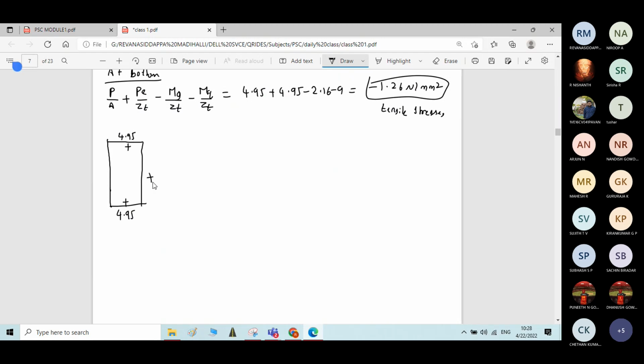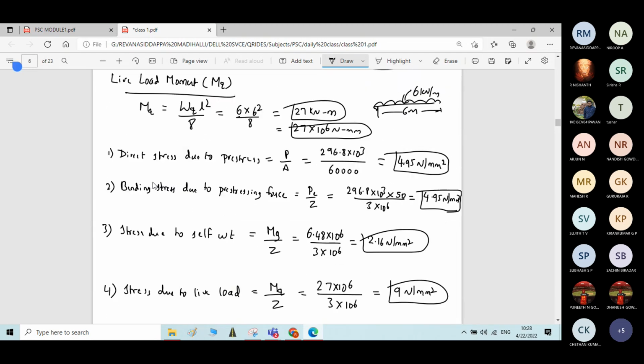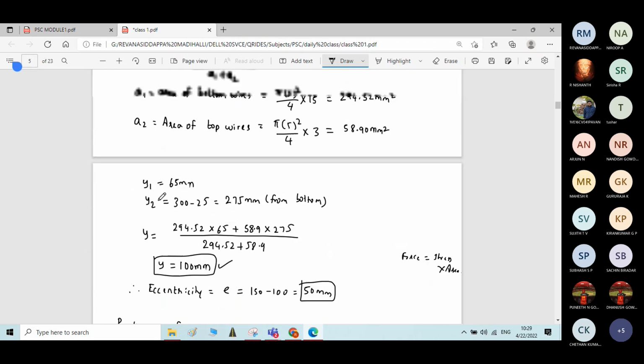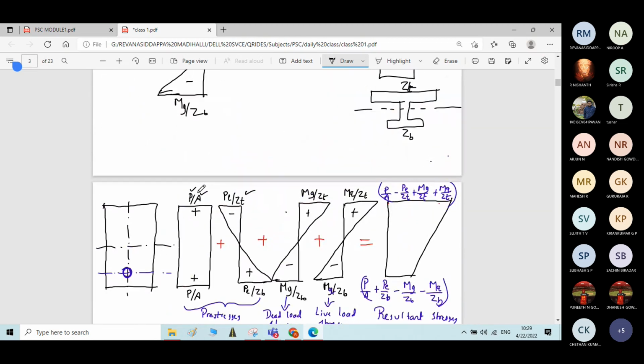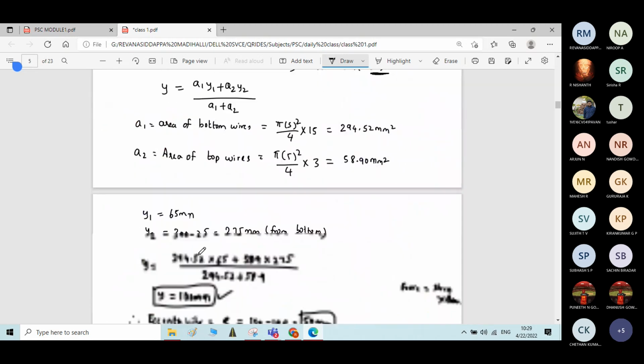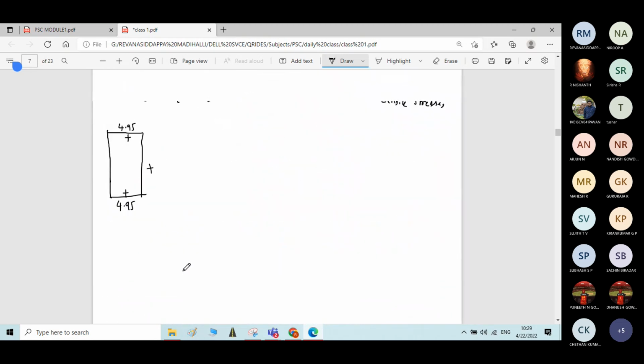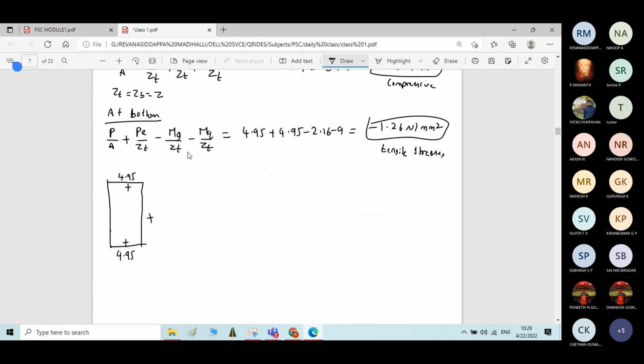Plus what next? Bending stress due to the prestressing force. Here we have the same nature of stress, minus and plus, and that answer we got as 4.95 only.